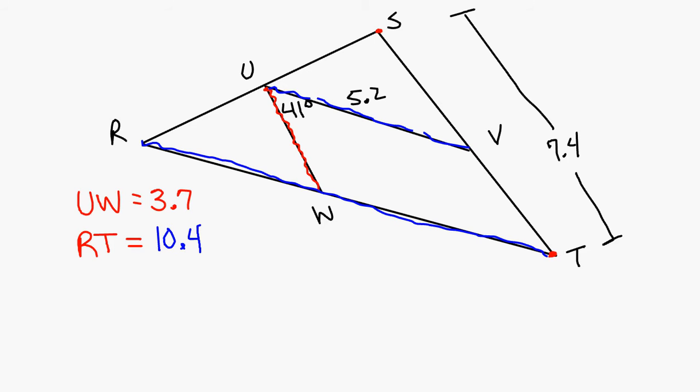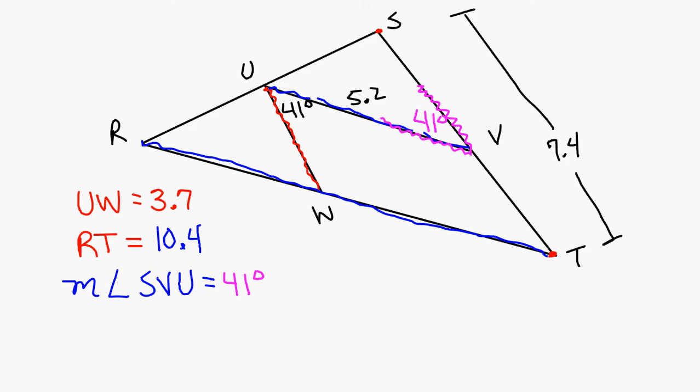Alrighty. How about the measure of angle SVU? So S to V to U. That's this angle right here. 41. And let's see, why would that angle be 41 degrees?